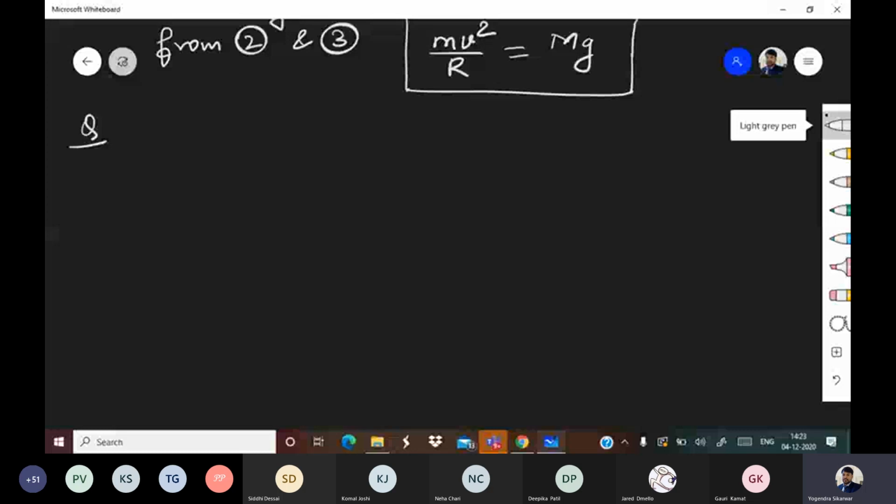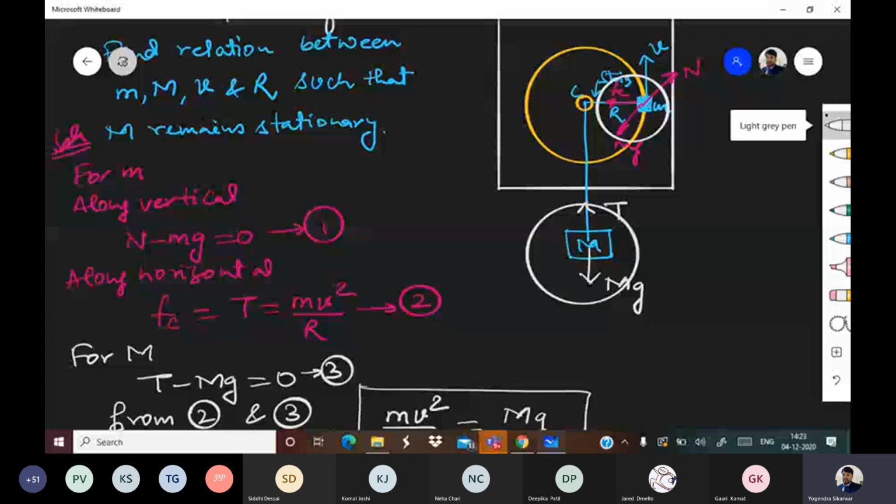Next, let us talk about the next topic, and that is pseudo force. No, tension in the string will not be due to both. Try to understand what is happening. Tension at this point and tension at this point, these both tensions are same. So tension at one end is supporting Mg from falling.